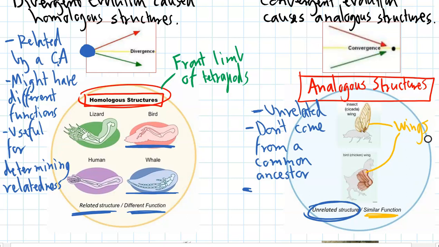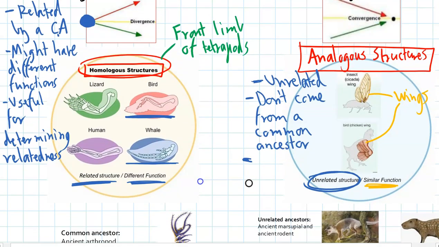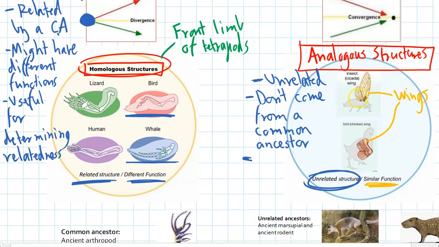They also evolved wings that were analogous to these two types as well. So these structures are analogous because the ancestor of the cicadas, well, it's just an ancient insect. And the ancestor of chickens, it was a tetrapod. And it just had 4 legs. It didn't have wings. So these species have evolved wings separately.